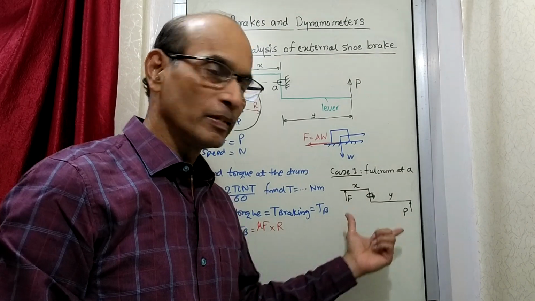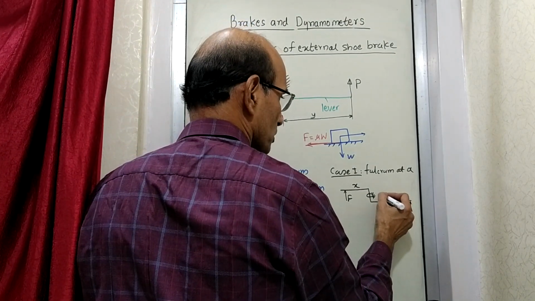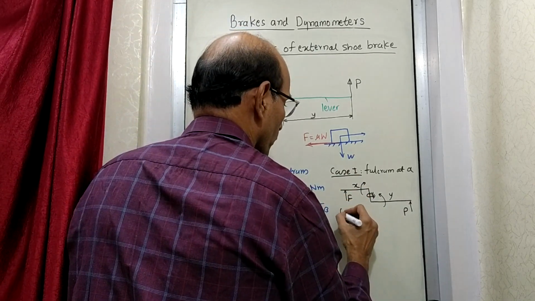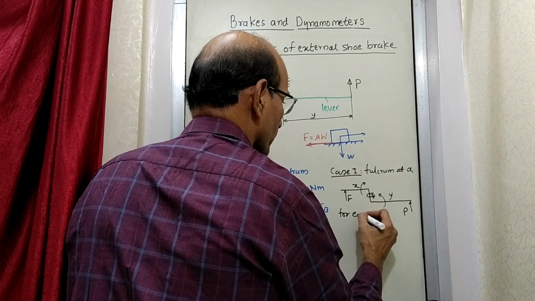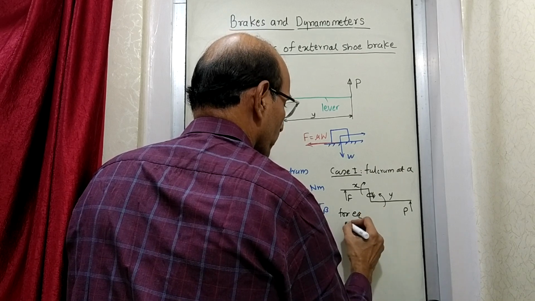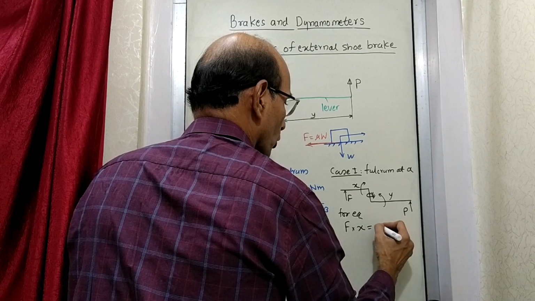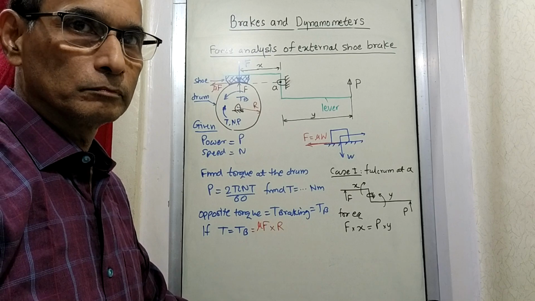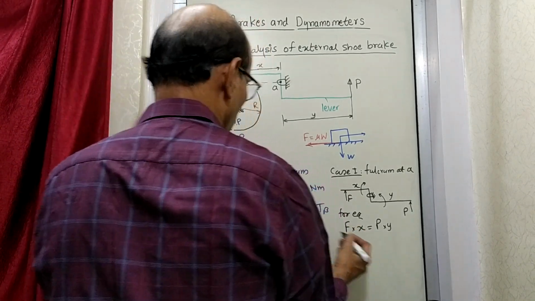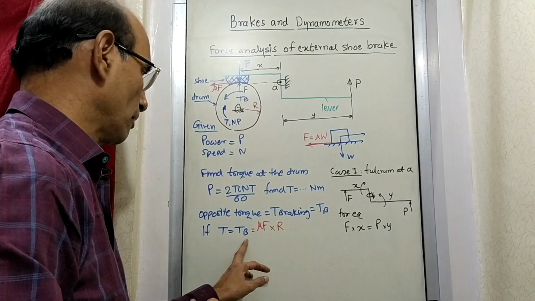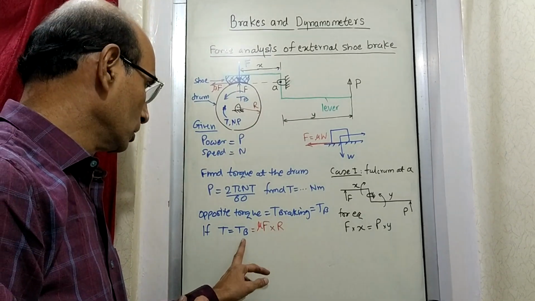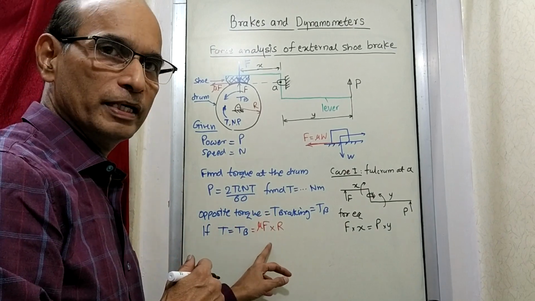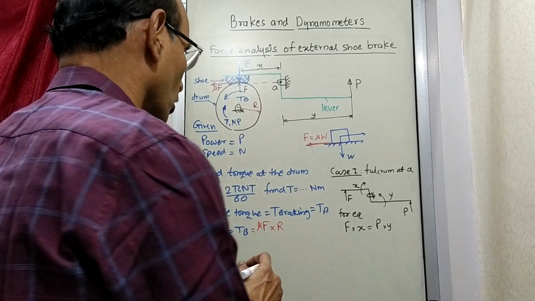Now when they are in equilibrium, that means the moment created by this force is equal to the moment created by this force. So for equilibrium, F into X should be equal to P into Y. Since we already know from the available information that you need a braking torque, which we obtained from the power transmitted, this much braking torque will tell you how much F you need.